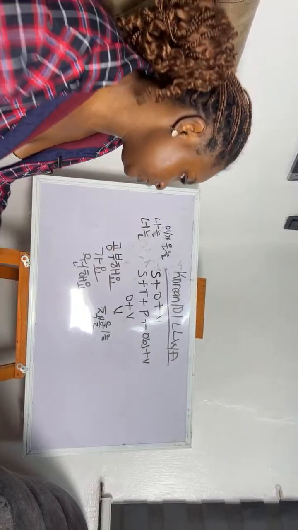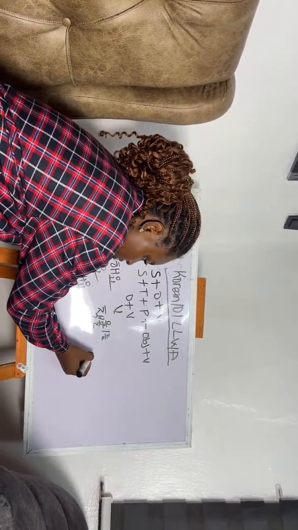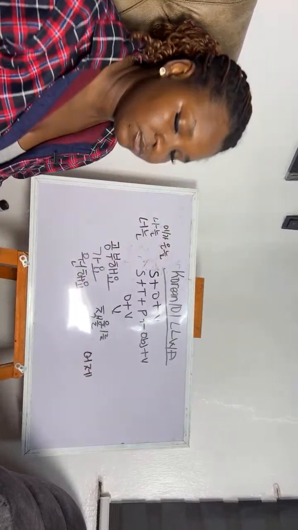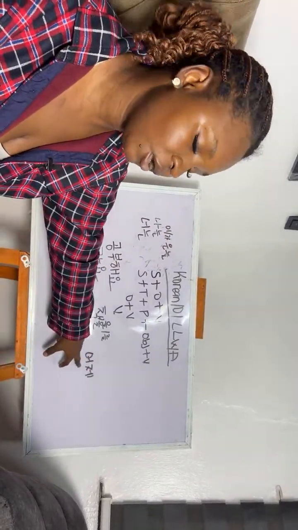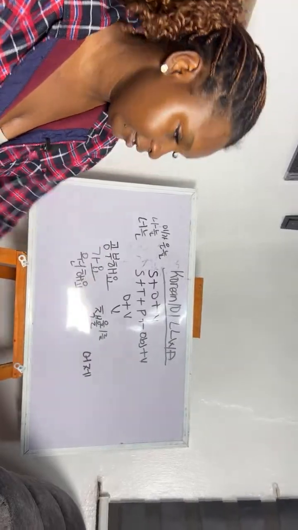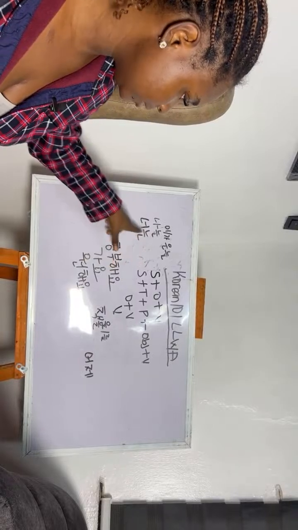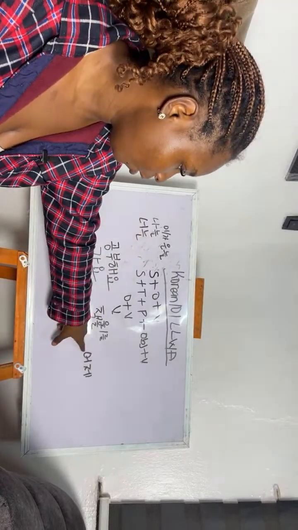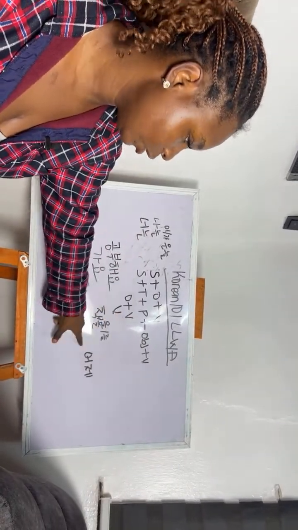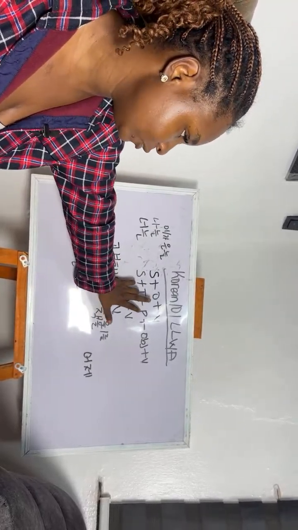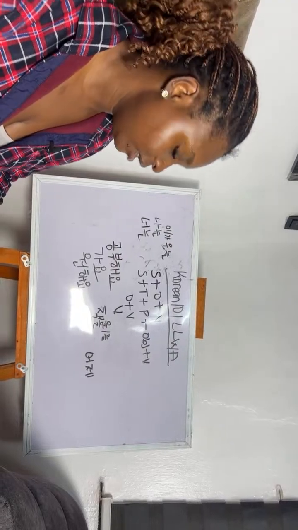I'm gonna introduce the time word eoje, which is yesterday. So subject 너는 어제, 너는 어제. So I have my subject and my time down. Now I'm looking for a place particle.